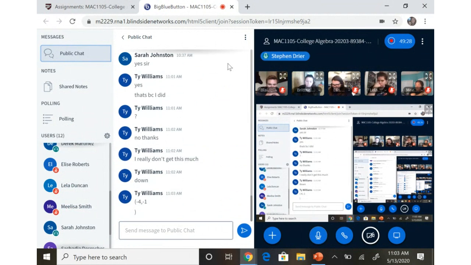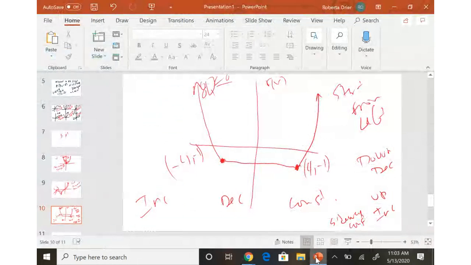Now, when I read this, I'm reading the x values. So I'm decreasing from negative infinity to -4. A lot of people get confused because they think it's decreasing from infinity to -1. That's not what we're doing. We're reading the x values here.